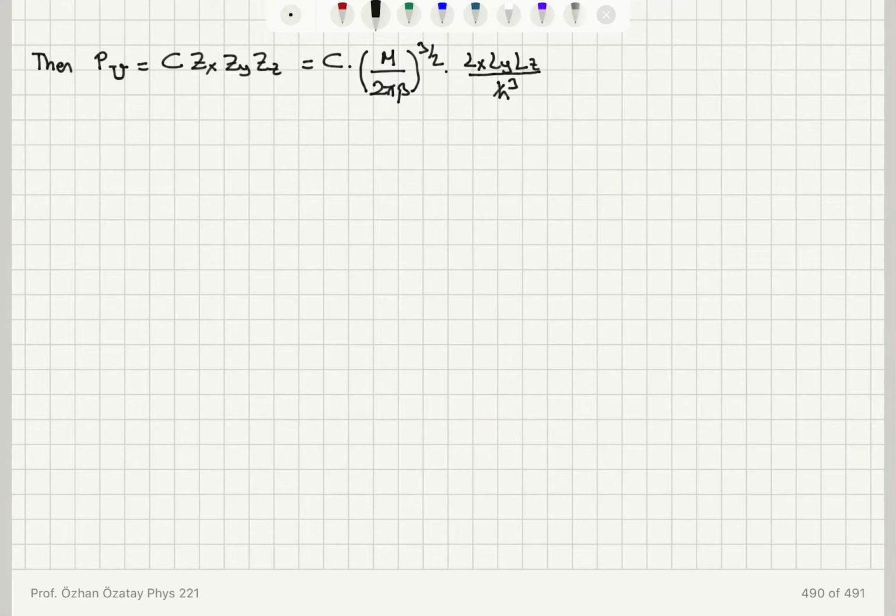So there will be an h bar cubed here. Lx, Ly, Lz is the volume V. So I can see that the probability of being in the undissociated state is C times capital M divided by 2 pi beta to the power 3 over 2, times volume divided by h bar cubed.